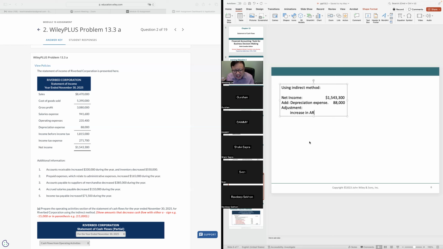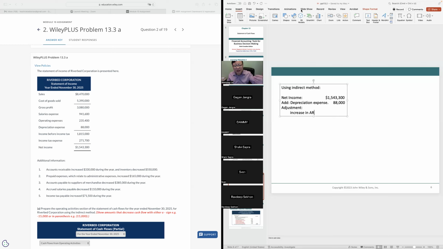What about a decrease in accounts receivable? You think about it, if you decrease accounts receivable, that means you are collecting money, right? Because when you collect money from the customers, your accounts receivable balance will decrease. So a decrease means you are collecting money, your cash is increased, right?